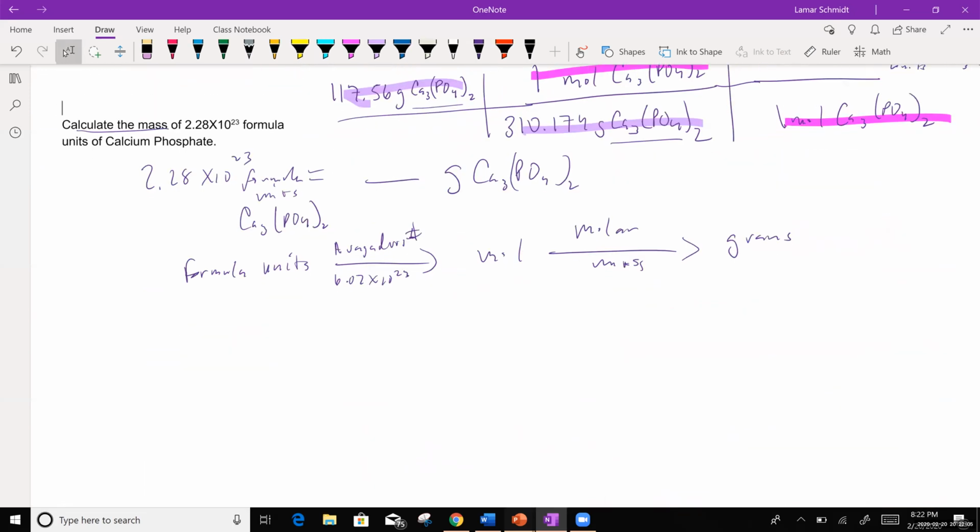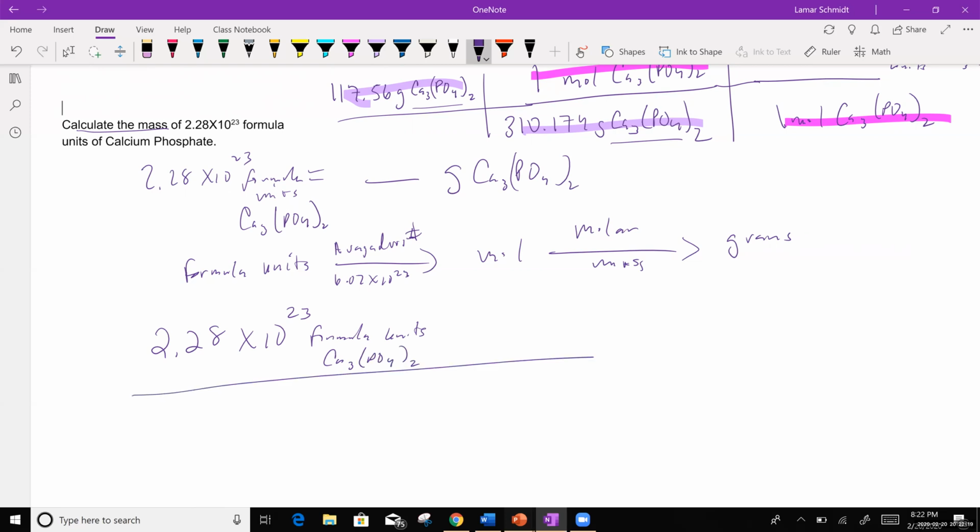All right, so we have 2.28 times 10 to the 23rd formula units of calcium phosphate. We know we're going to use Avogadro's number now, so we say 6.02 times 10 to the 23rd formula units of calcium phosphate is equal to 1 mole of calcium phosphate.